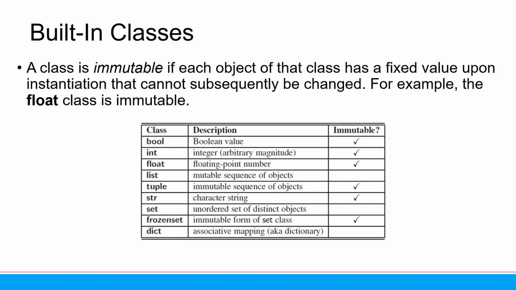The meaning of immutable is that when you are changing the value, it is not the same as what we think. When we have temperature equals 9.8, and then we change the temperature to 11, it seems easy to change.